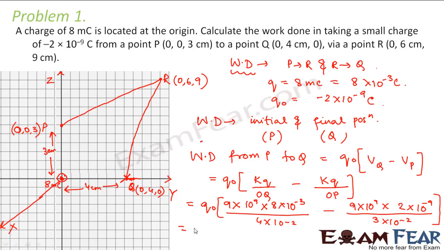Now when you calculate this, you get the value as this comes out to be minus, right? So on calculating, you get the value as 1.2 joules. So this is the work done to take this small test charge Q naught from point P to point Q.